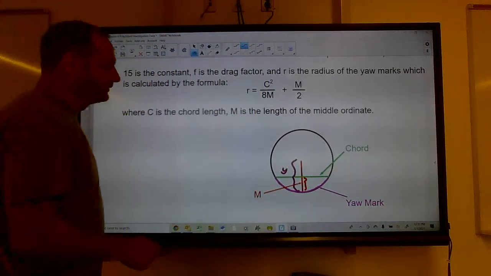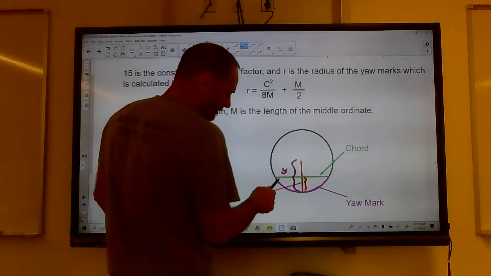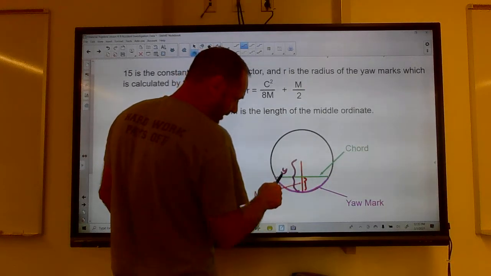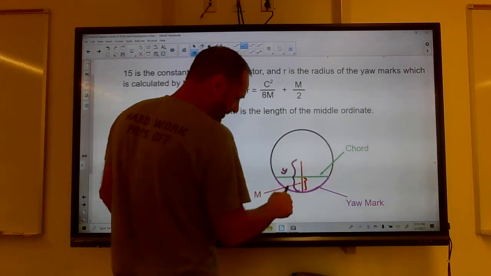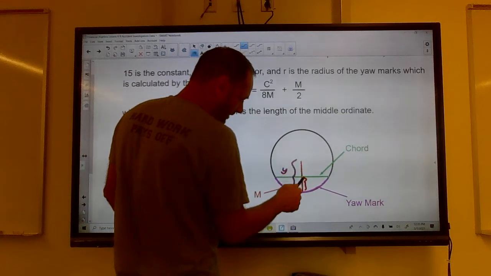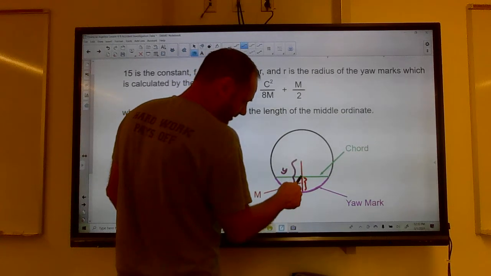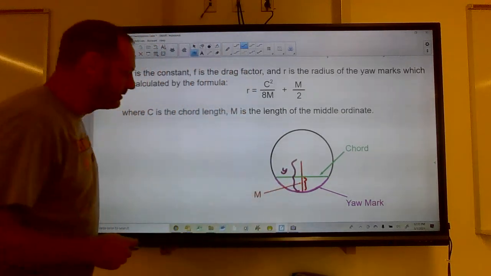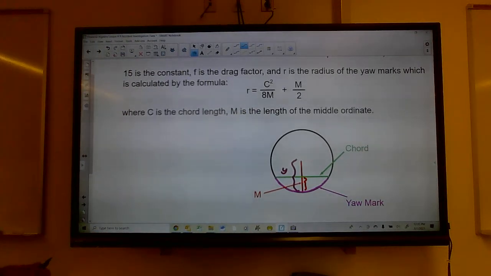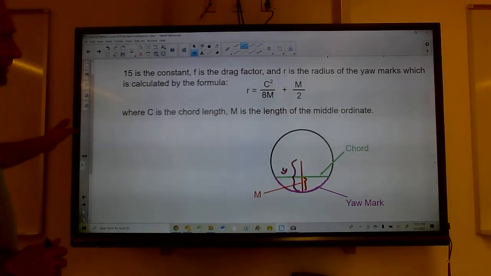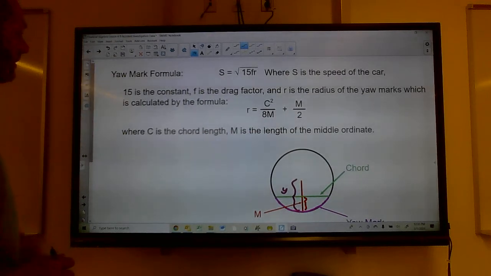So what they do, here's the curvature. They calculate this chord right here. They find the center of the circle right there. They calculate this where it intersects that chord. And all that's factored into this.